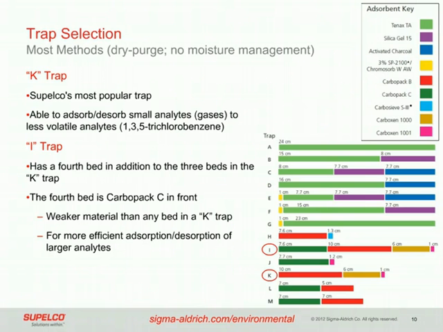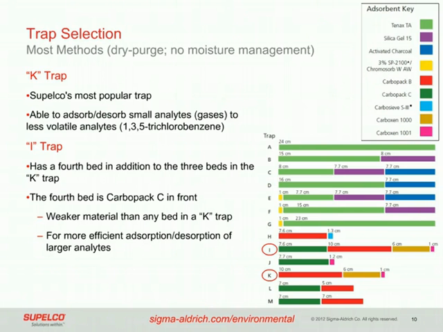It has a 4th bed in addition to the 3 beds in the K-trap. The 4th bed is a Carbopack C, which goes in front. It's actually a weaker material than any of the beds in the K-trap. So that will help protect the beds behind that, and it gives you more efficient adsorption and desorption of the larger analytes. In the little diagram here, we show our traps from A to M, and the different color schemes.